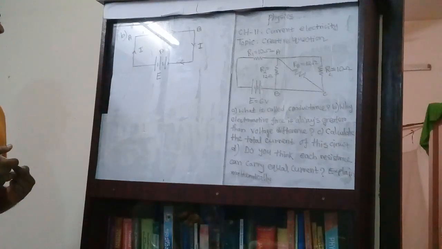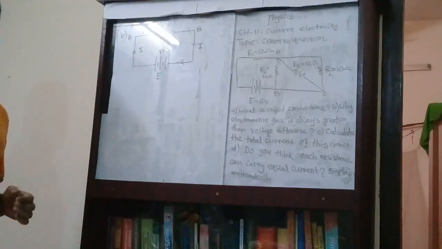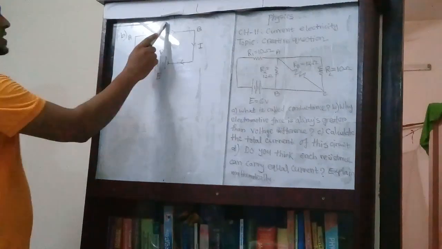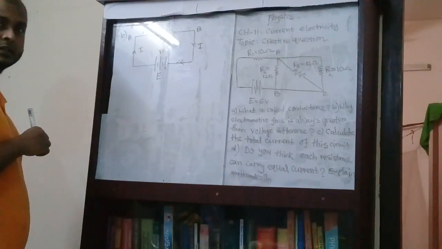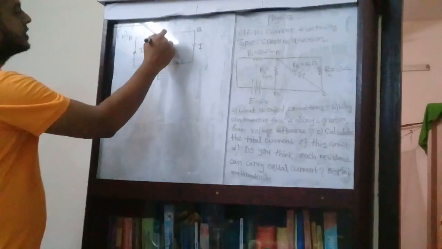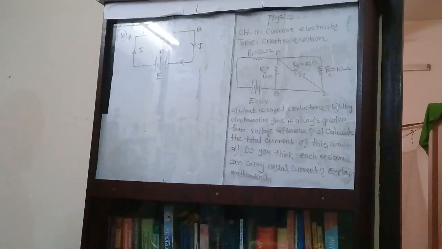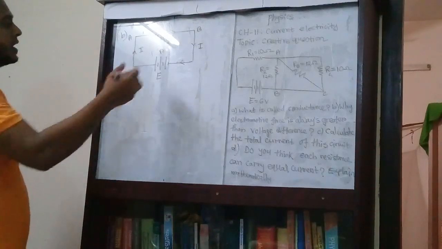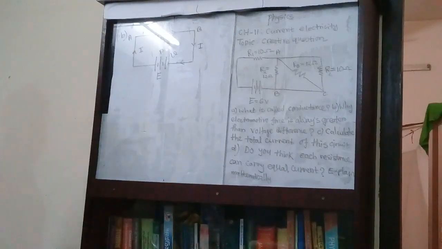And when this I amount of electric current passes through the circuit, this external resistance can consume some part of voltage, that is called capital V, the voltage dropped by the external resistance, and some part is lost inside the battery, that is called lost potential.